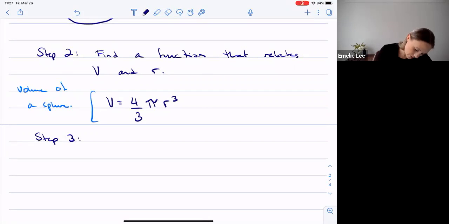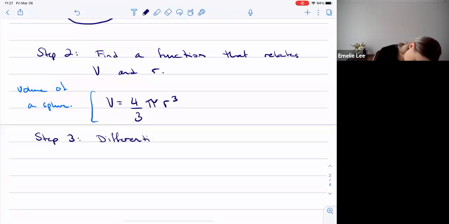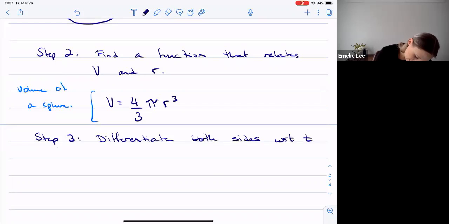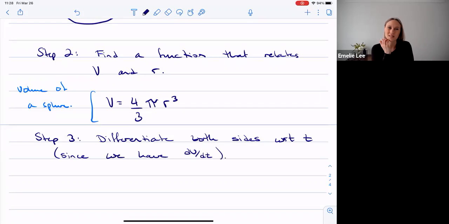So differentiate both sides with respect to t, and I'll just follow it up here with, since we have dV dt, it only makes sense to force this volume function to become something that we know parts of.